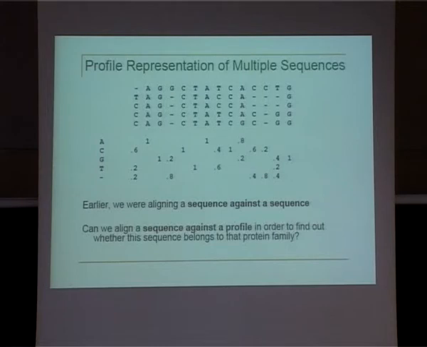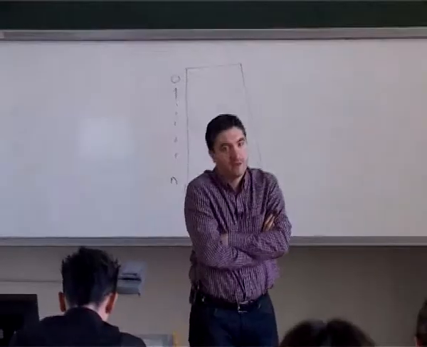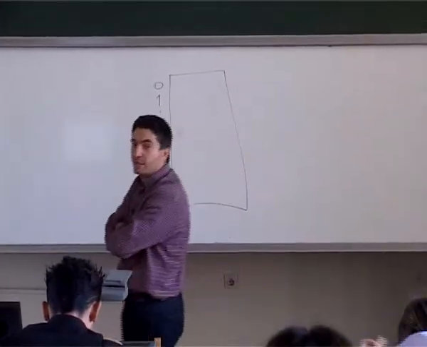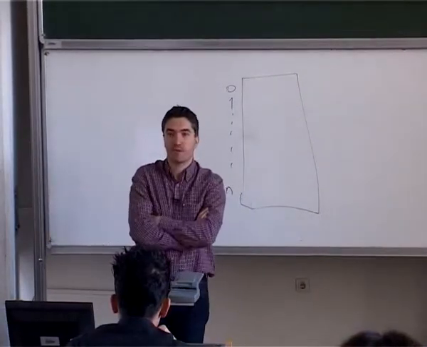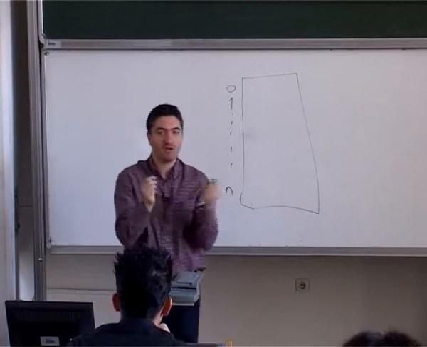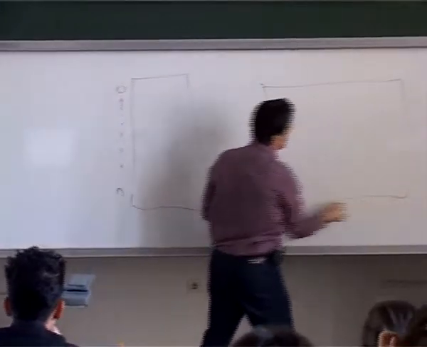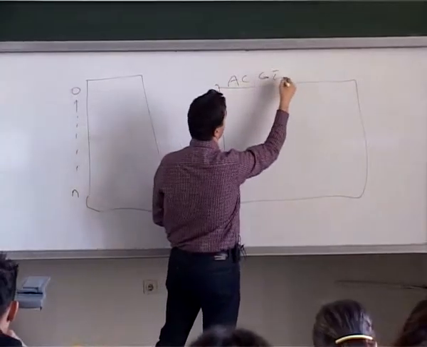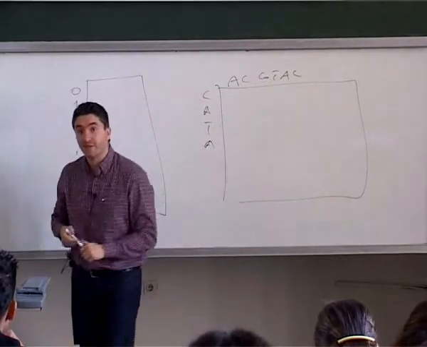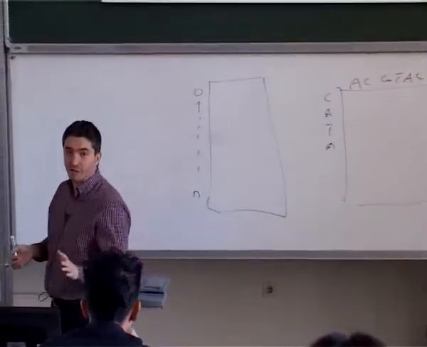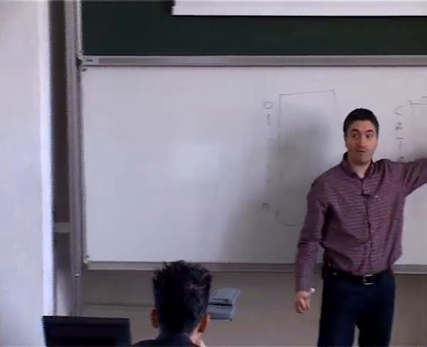Now, given a profile, this is what we want to do: how can we compare a new sequence to a profile? With our dynamic programming sequence alignment algorithm, we know how to compare 2 sequences by building up a table. Now we need to extend those algorithms to enable us to compare a sequence against a profile.